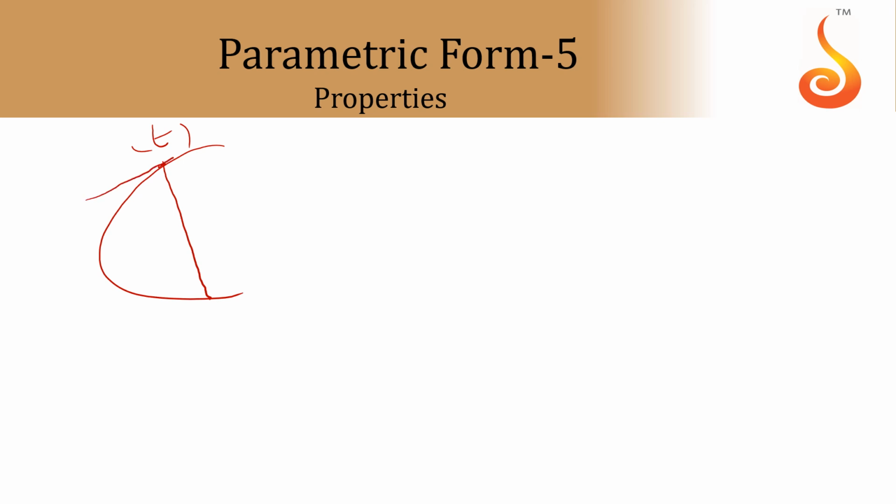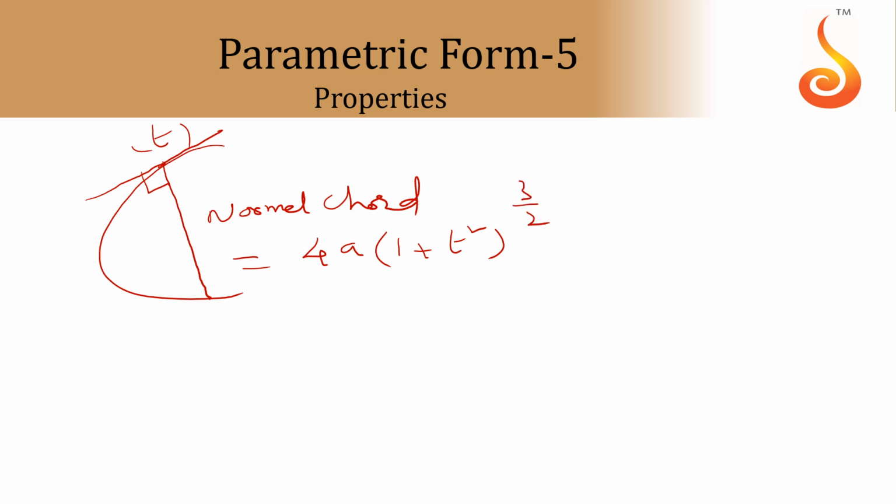So this is tangent, this is normal. So the length of the normal chord at t will be 4a into 1 plus t square whole to the power of 3 by 2 divided by t square. So this is the length of the normal chord at t.